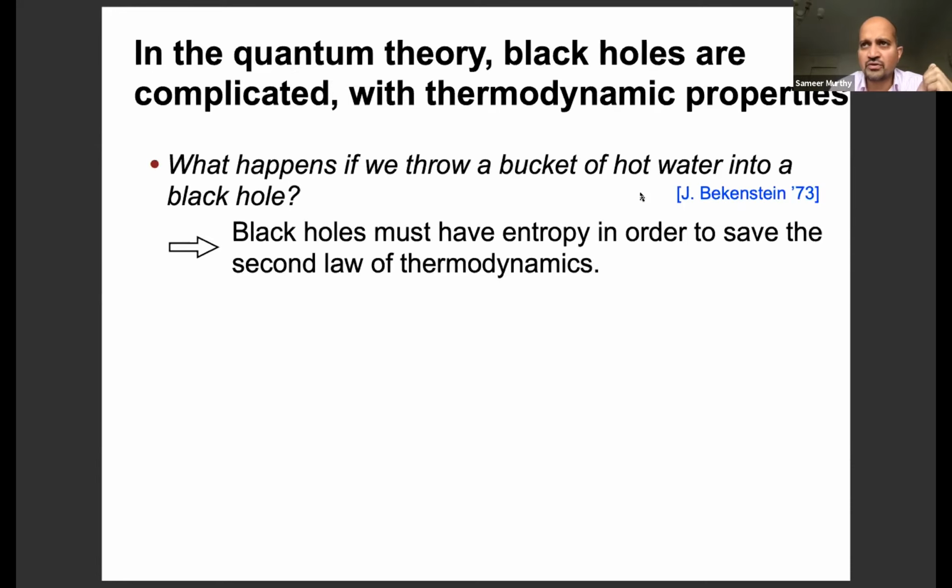So the first law of thermodynamics, that's the conservation of energy, is completely fine. But it would seem that you would lose entropy from the outside world, thus violating the second law of thermodynamics, unless you assign an intrinsic entropy to the black hole itself. This sounds like a very simple argument, but it's a very profound one, and it took years and a lot of daring to make this argument, which turned out to be correct.